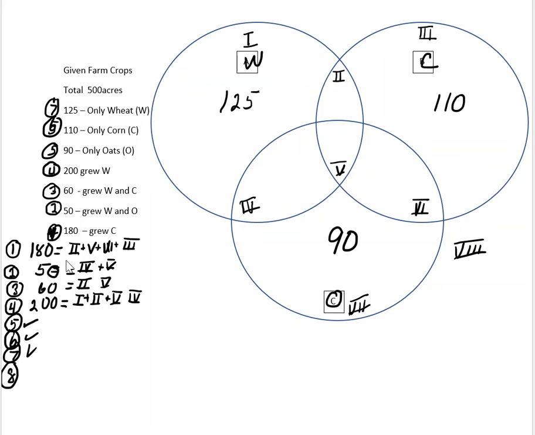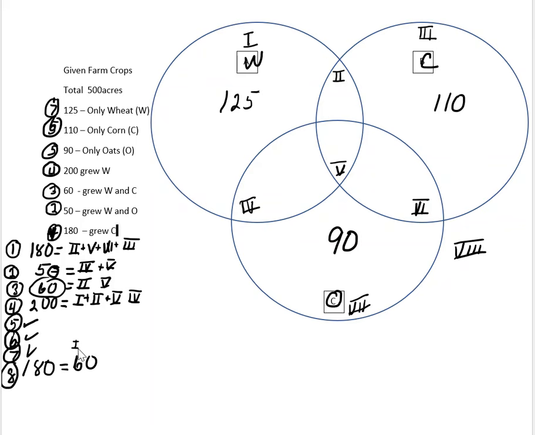I go back and look at question number 1. I had 180, and it equaled section 2 and section 5. Well, section 2 and 5 is 60, so I can replace that with a 60.